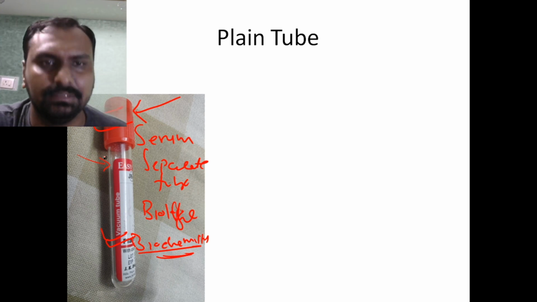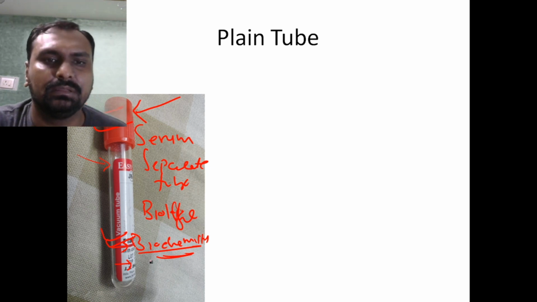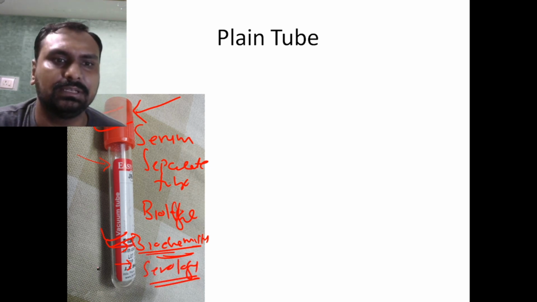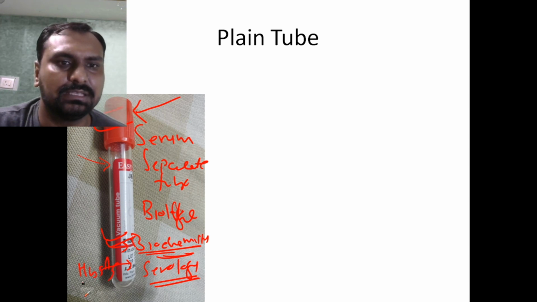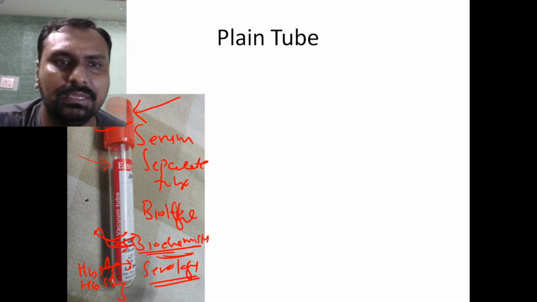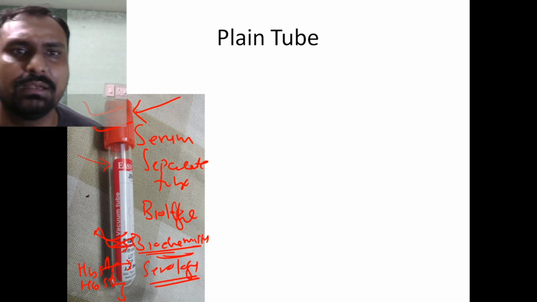Most of the biochemical parameters are done in this. It can also be used in serology, like HBsAg and HIV. RFT, LFT, lipid profile, hormones, thyroid, tumor markers and vitamin B12 are all done in this red color vacutainer.